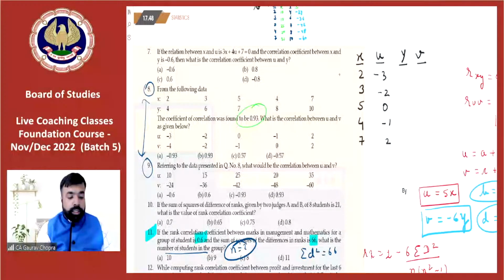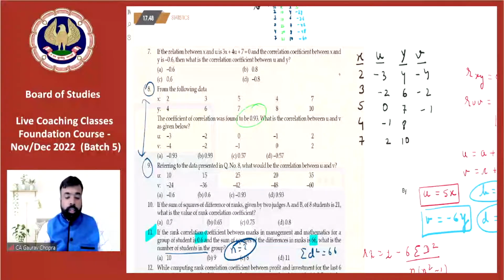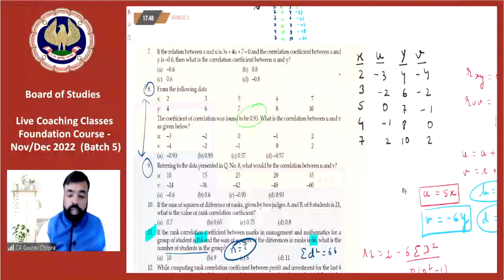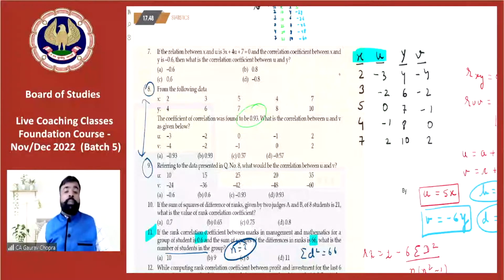Y is 4, 6, 7, 8, and then 10. V is -4, -2, -1, 0, and then 2. Now you have to compare X and U. What is the relationship between these two?